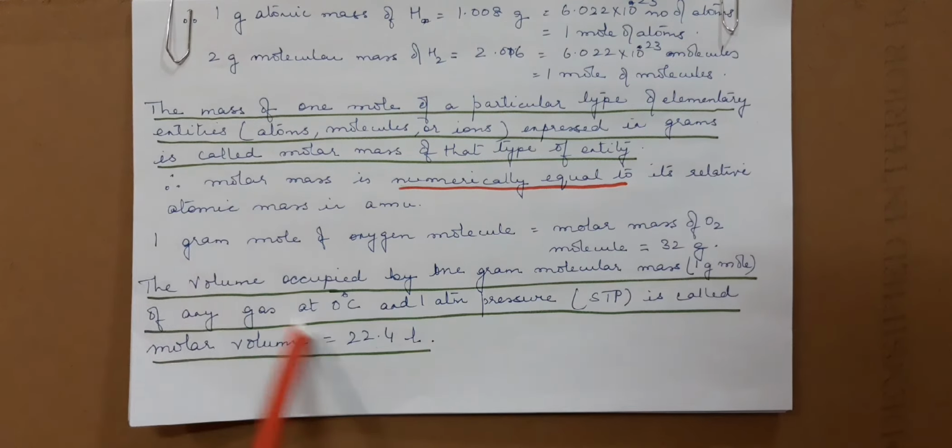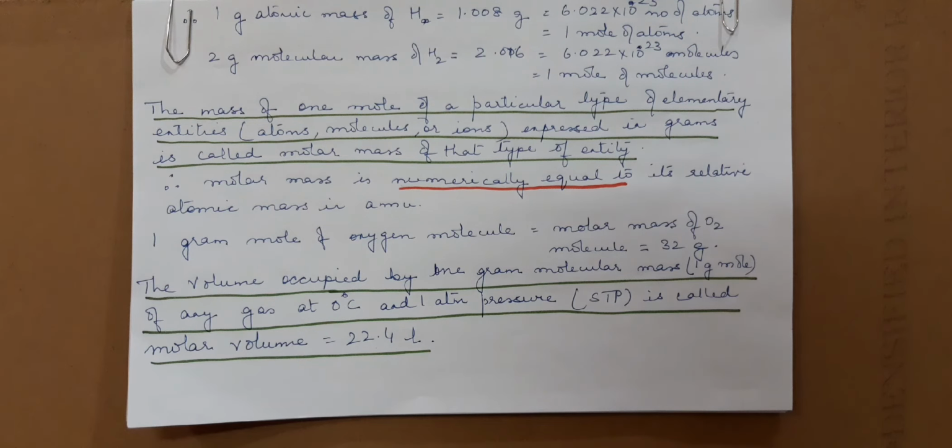And how much is molar volume? 22.4 liters. This you had already studied. So molar mass is mass of 1 mole of any particular entity. Molar volume is the volume occupied by 1 gram molecular mass at STP, and that comes to be 22.4 liters.